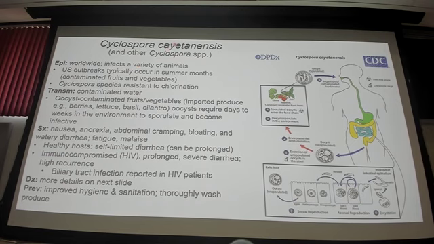The nice thing about Cyclospora cayetanensis is that it does have an easy couple of associations to make with it. In contrast to Cryptosporidium, which is more associated with contaminated water consumption, with Cyclospora, most of the big outbreaks that we get related to this parasite have to do with produce that's been contaminated.